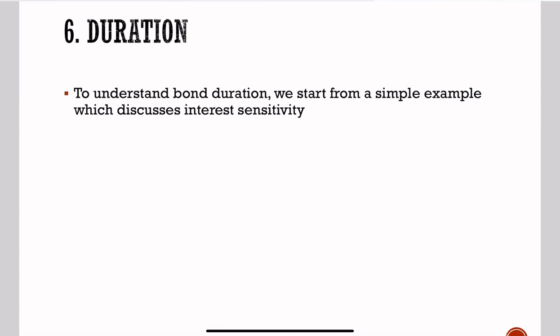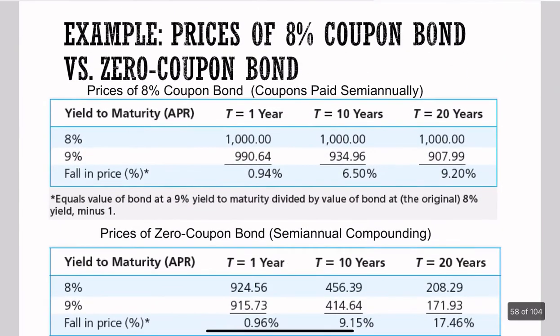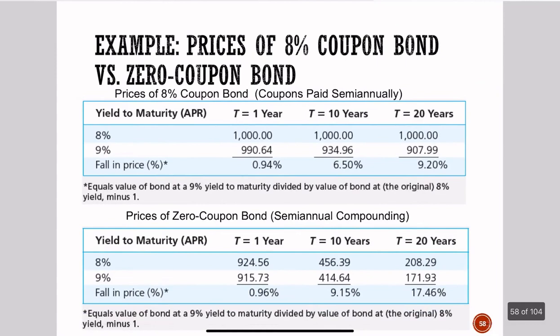So let's start from a very simple example, and we actually have discussed examples like this before. Let's say we are looking at two kinds of bonds. The first one is a coupon bond with 8% coupon rate. The second is a zero coupon bond.